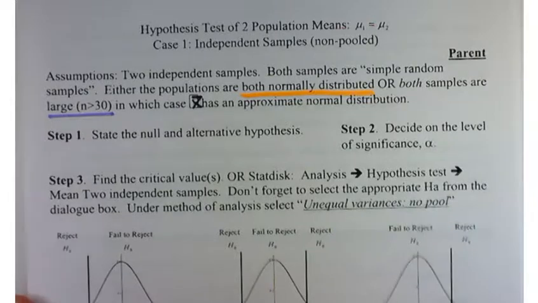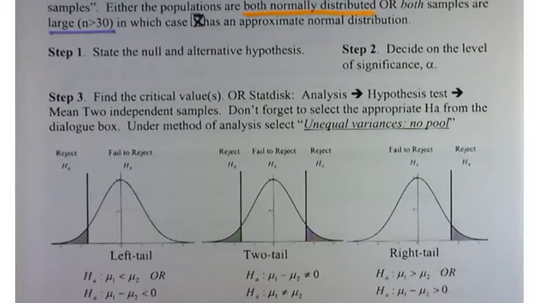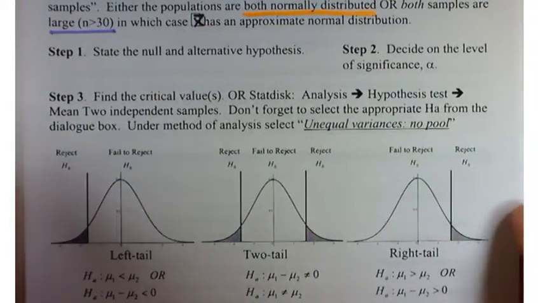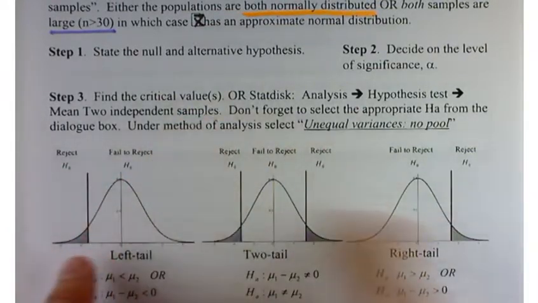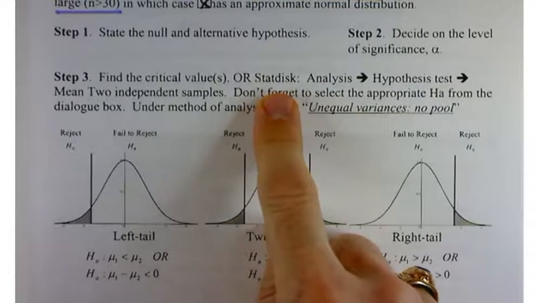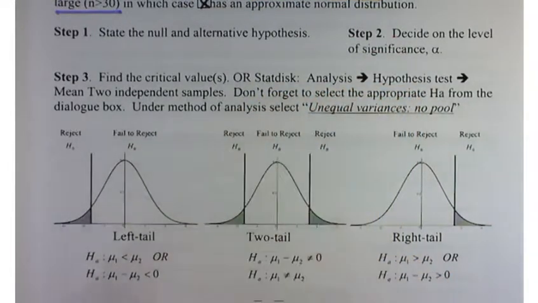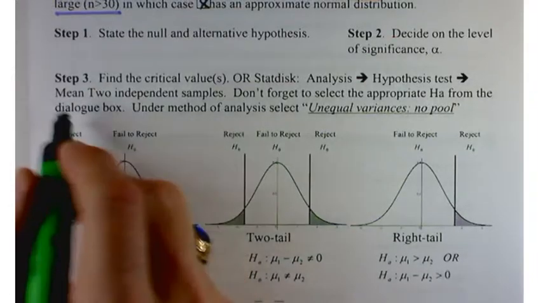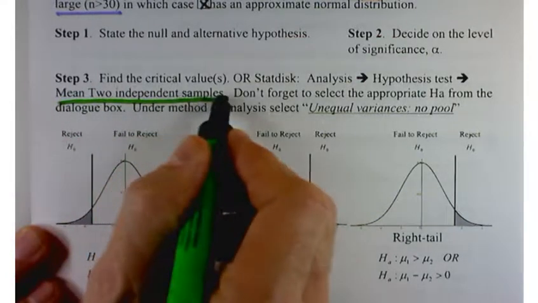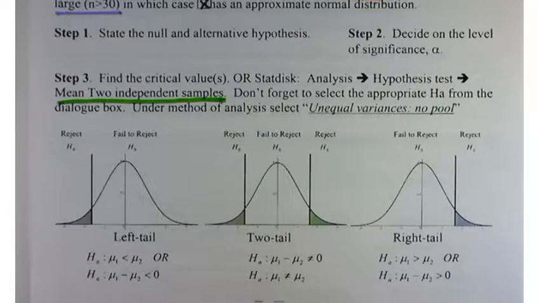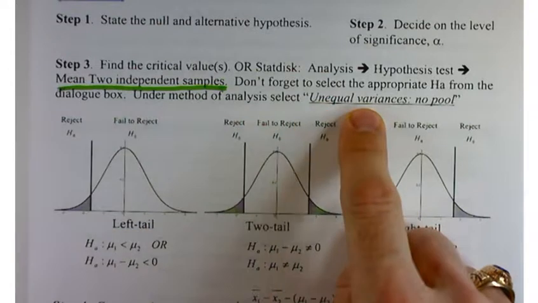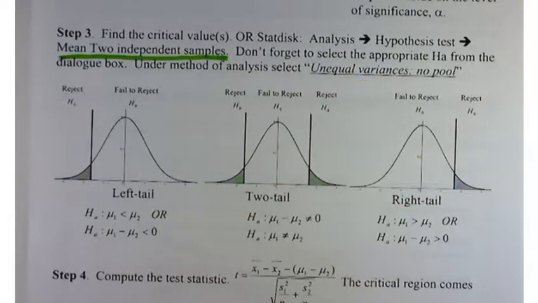Same six steps as always. You can see that I'm starting to update my handouts a little bit. Find the critical values of the distribution or go to StatDisk. Analysis, hypothesis test. This time we're going to go to mean, two independent samples. Select the appropriate alternative hypothesis. And then one last little catch here, and this is so annoying that there are a lot of little different decisions you're going to have to make.